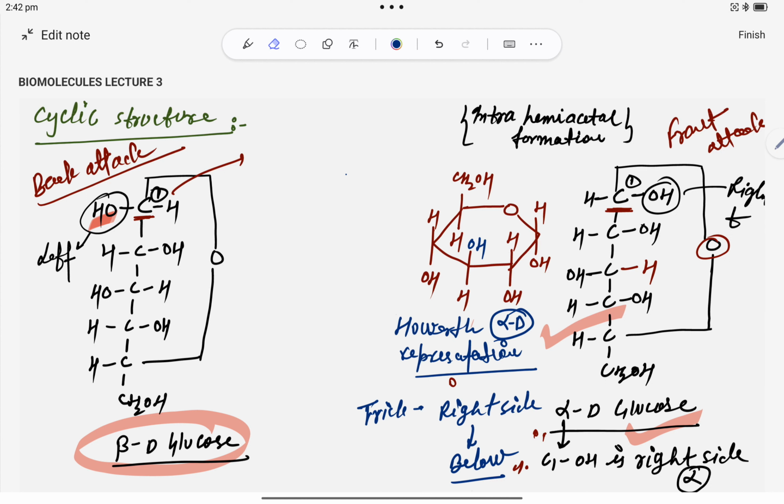Now what about beta D? Same thing, slight change at the carbon number 1 position.